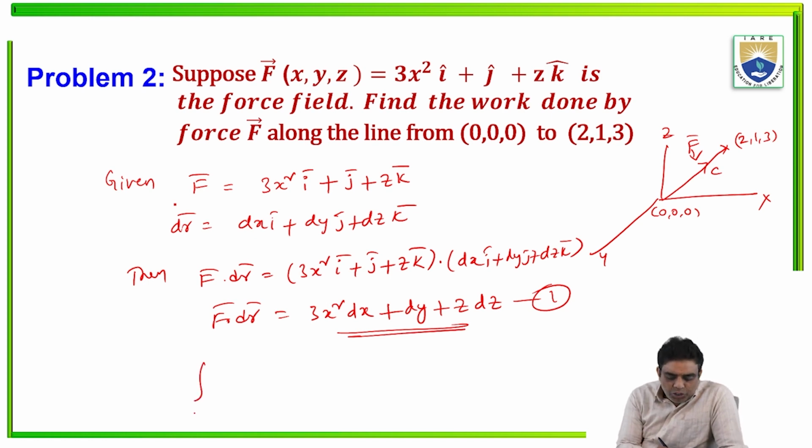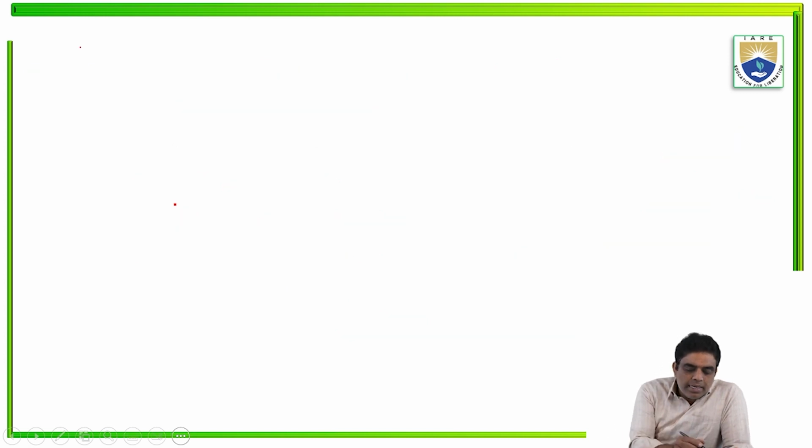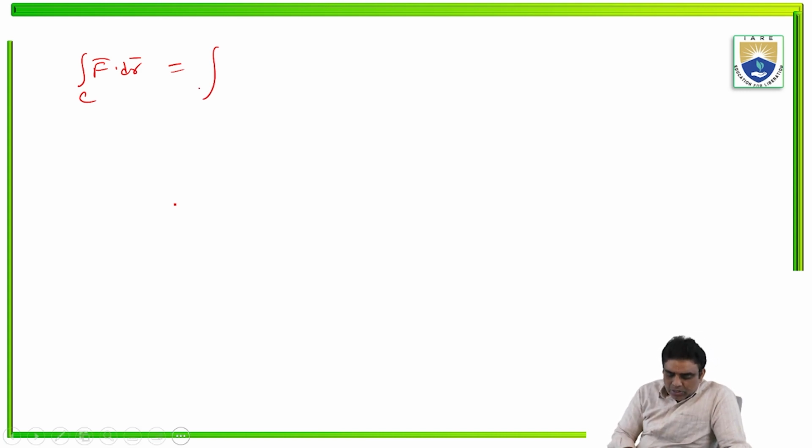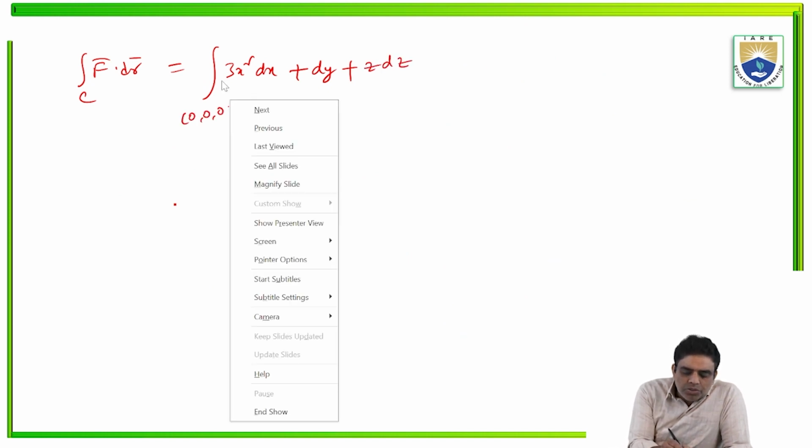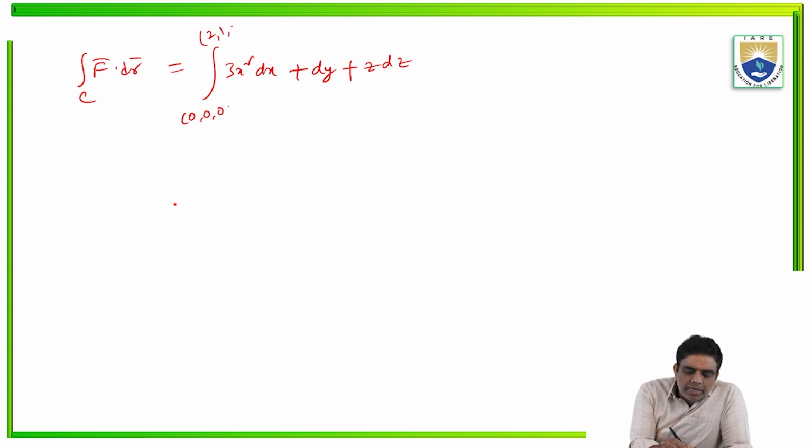Now we see from 0 0 0 to 2 1 3. So that I can do very easily. What I can do here is integral f bar dot dr bar along the curve c is equal to integral. So what is the function? 3x square dx plus dy plus what is the other term? z dz along 0 0 0 to 2 comma 1 comma 3.